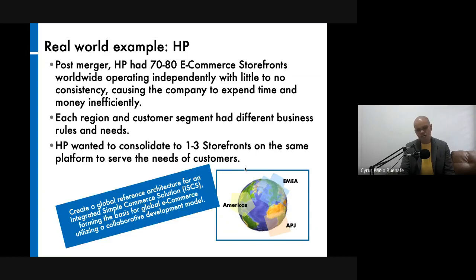Nowadays, it's quite unthinkable that you still have a situation wherein you have 70 to 80 outlets or locations that are not really coordinated, right? But back then, back in the early 2000s, it wasn't that intuitive. It wasn't really obvious. Now, each country, each region, each customer segment had different business rules and needs.